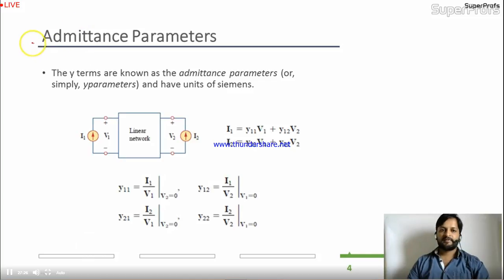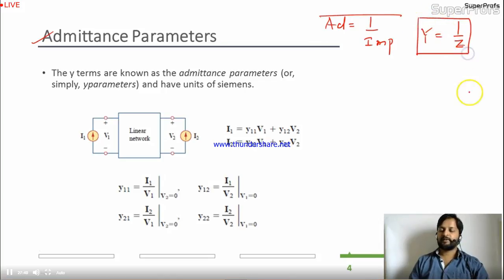The next one is the admittance parameter. You know admittance is the reciprocal of impedance. Admittance is denoted by Y, and impedance is denoted by Z. So, what is Ohm's law?